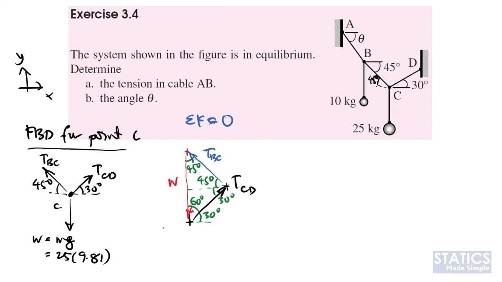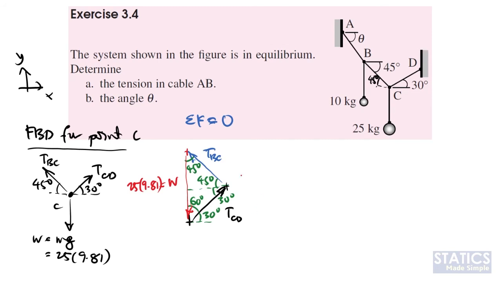Once we have all these angles, the task now is to determine the values of TCD and TBC. The weight is known: it equals 25 times 9.81.